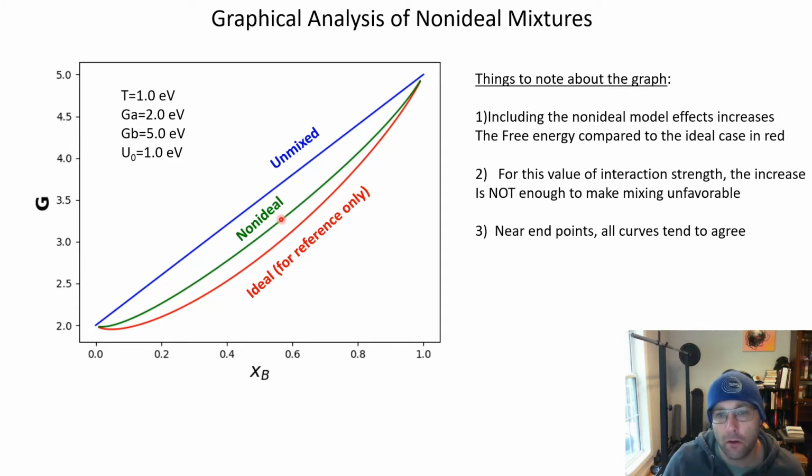So still the green curve is lower than the blue curve, and that means at any composition along this axis, it will always be favorable to mix A and B, right? So another thing you can point out here is that no matter what's happening here, as we let x sub b go to 0 or 1, all the curves are sort of starting to intersect one another, right? And so, under those conditions, you don't have a mixture anymore, so you expect, in other words, all A just looks like A, all B just looks like B.